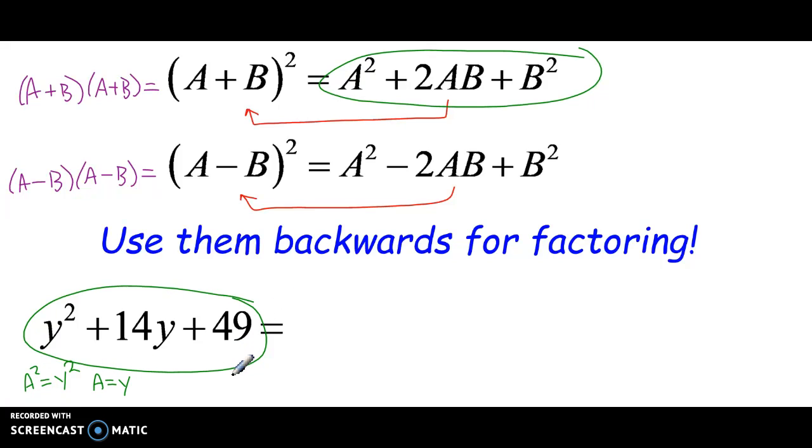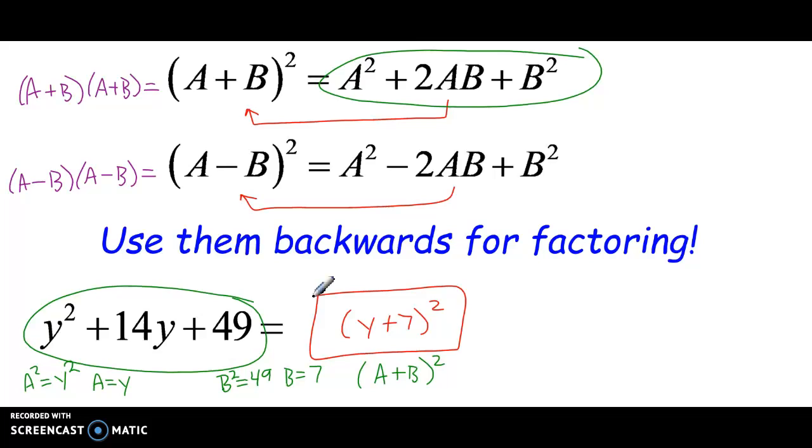And where the original said b squared, this one says 49, so b is apparently 7. Once you figure out that a is y and that b is 7, then your answer will be a plus b squared for these particular letters and numbers, y plus 7 squared.